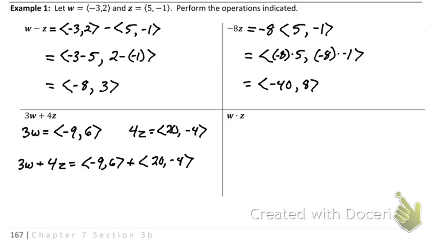Well, we add the horizontal and then we add the vertical components. So that's going to equal a negative 9 plus 20, comma 6 plus a negative 4, which is going to result in 11, comma 2.